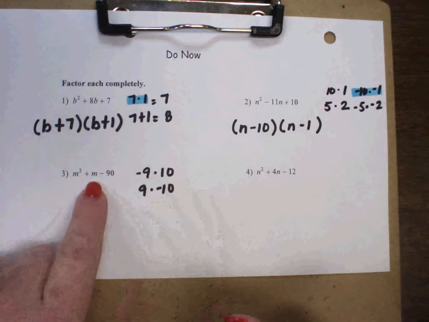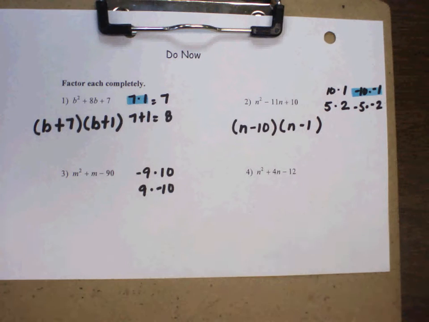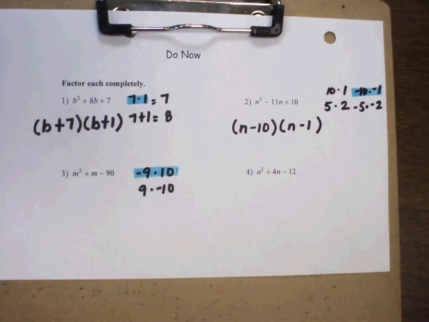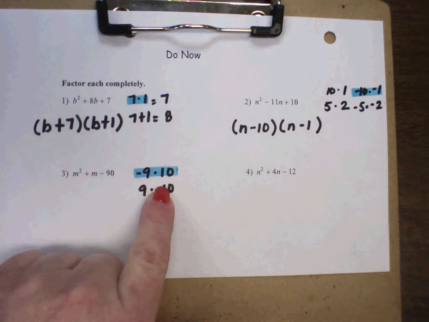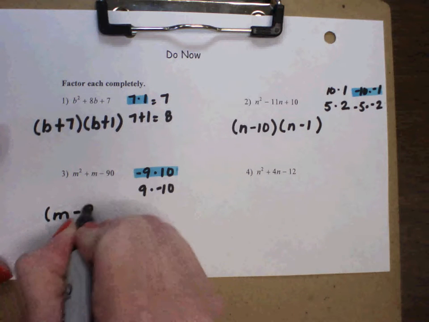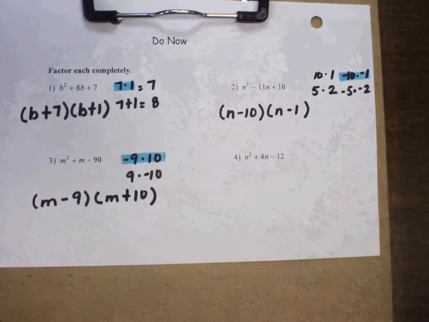But I think I have it over here because I need a positive 1. So which one will give me a positive 1? Negative 9 and positive 10, right? When I subtract that, is that going to be equal to 1? Yes. Yes, right? So m minus 9 and m plus 10.